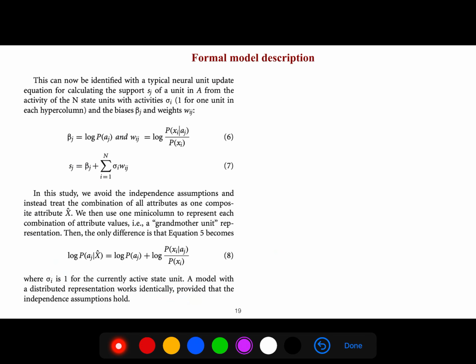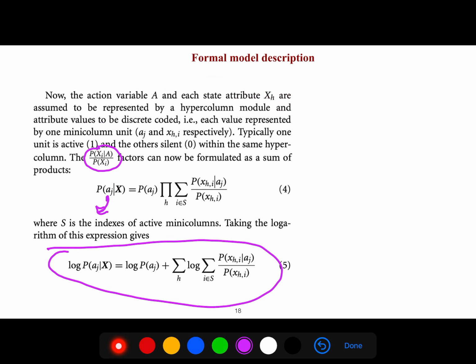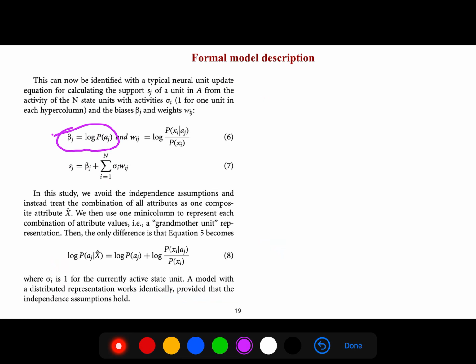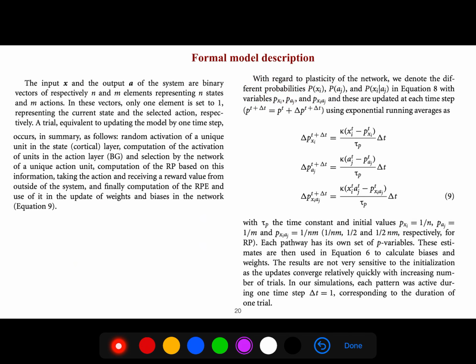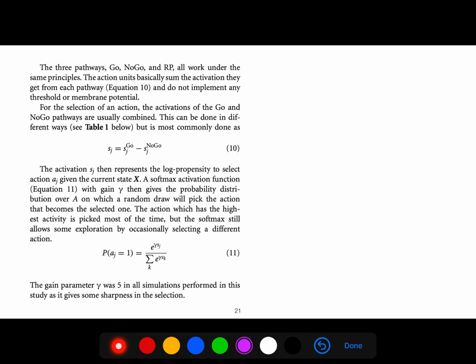And now, because these are important, we call this variable beta. And now with this new definition, the difference equation can be written like this. And sigma is 1 for a currently active state unit. And just like previous lectures, you just use exponential running averages to smooth it.